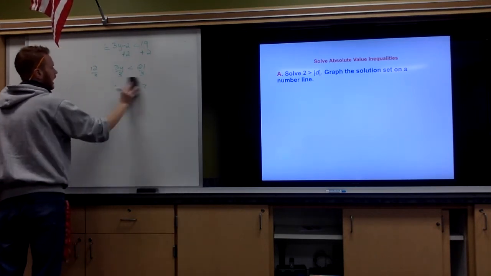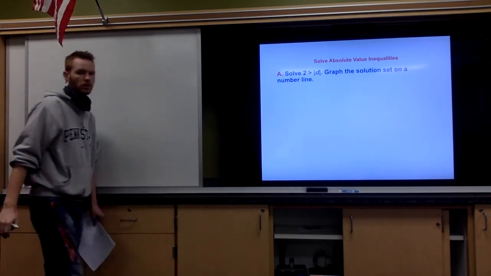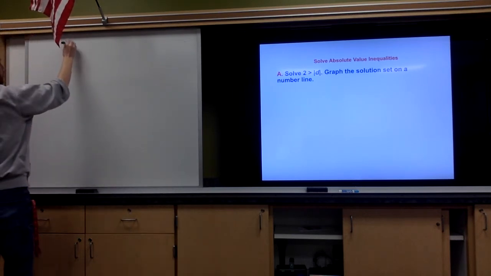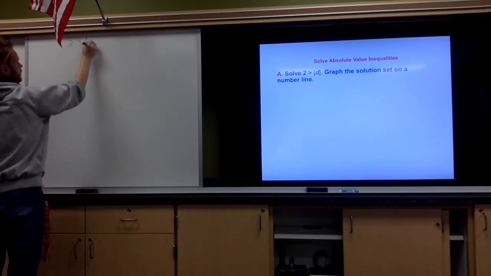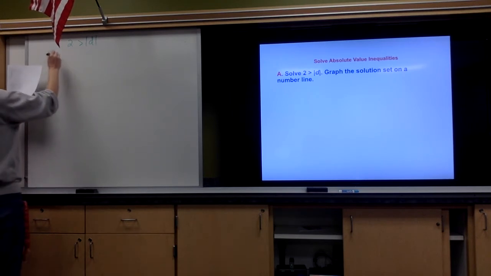If you recall, absolute value means the distance a number is from 0. But now with an inequality, does that change anything? Technically, no. Here's what it really reads as. Let's put some words to this.